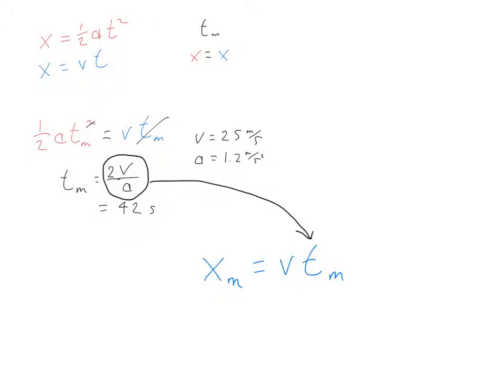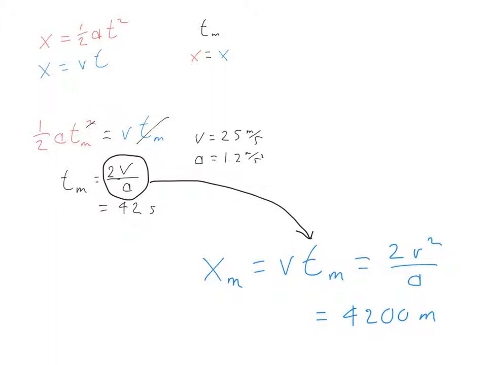If we do that, we're going to find then that this equation is going to equal 2 times v squared divided by a. And doing so, we're going to find that that position is, again, to 2 sig figs, about 4,200 meters.